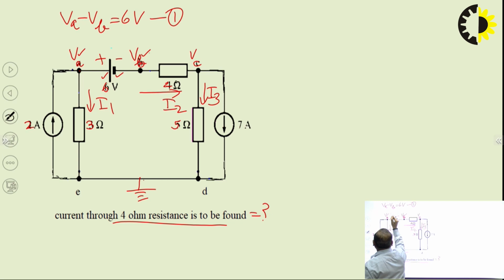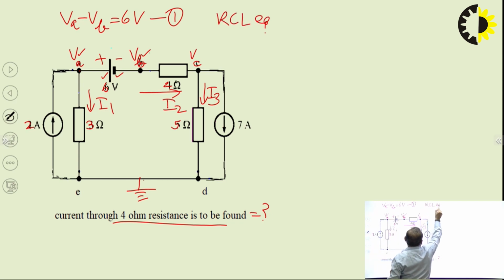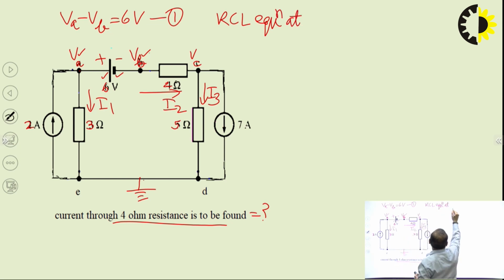So at node A, the KCL equation will be 2 equal to I1 plus I2.